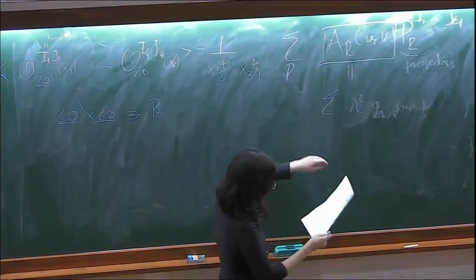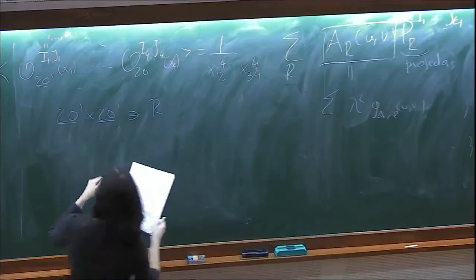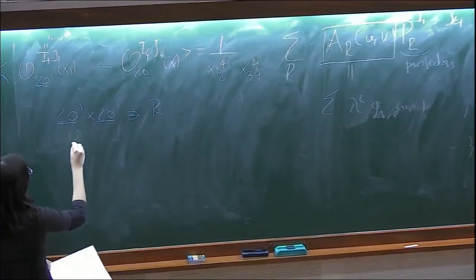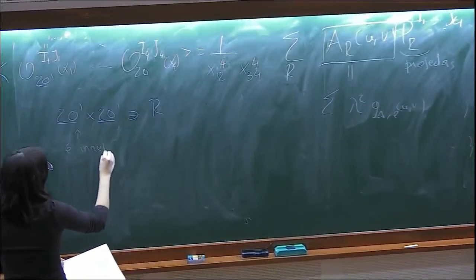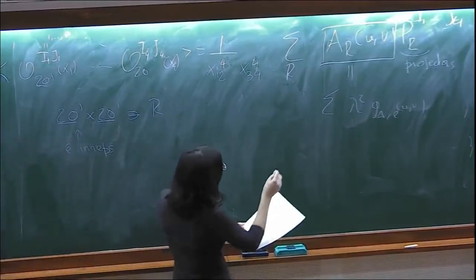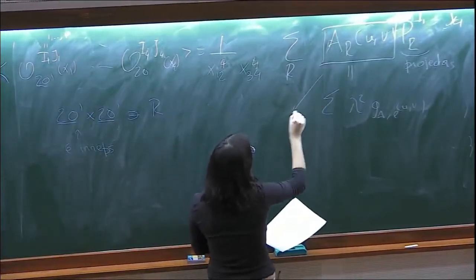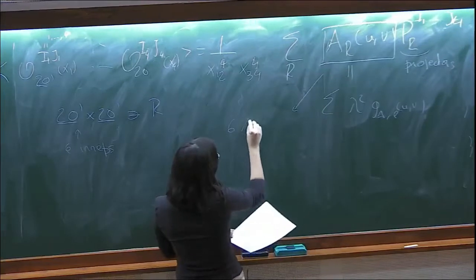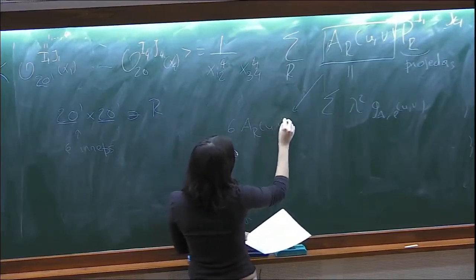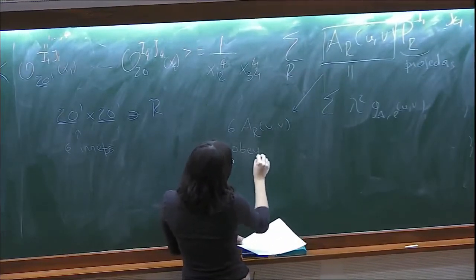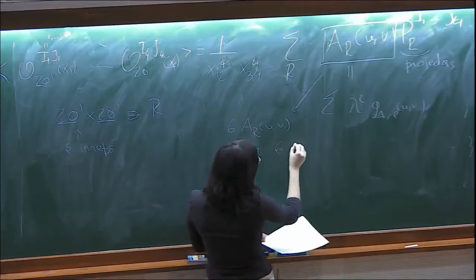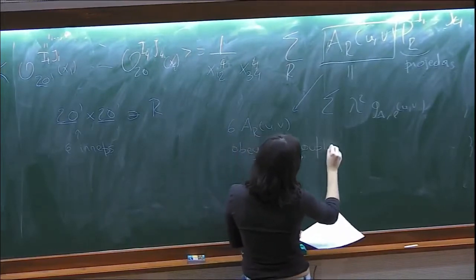So there are 6 representations that appear here. So there will be 6 functions A_R that will obey crossing equations. So they will obey 6 coupled crossing equations.